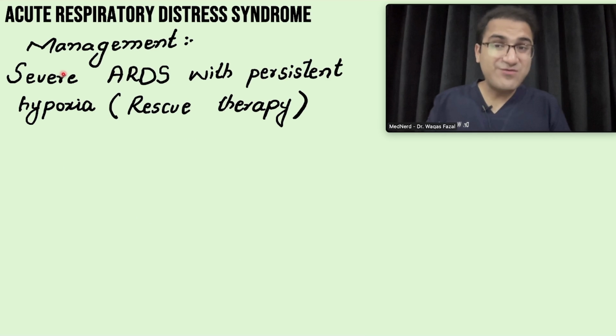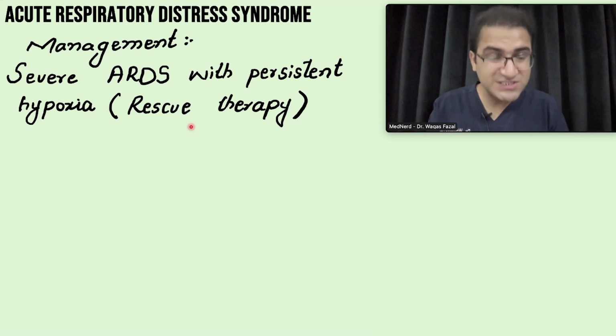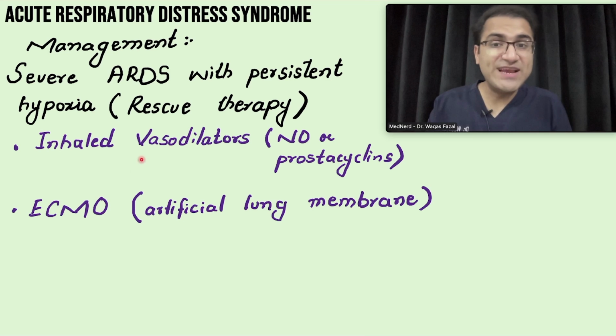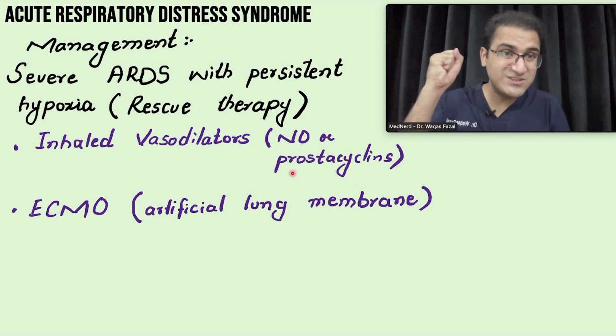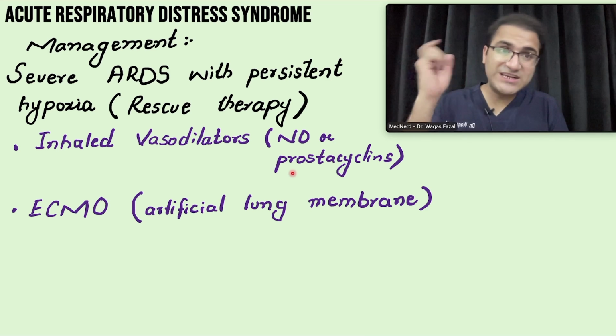In patients with severe acute respiratory distress syndrome with persistent hypoxia, despite doing all these measures that I have mentioned, rescue therapy can be performed in these patients. Rescue therapy involves giving inhaled vasodilators like nitric oxides or prostacyclines to these patients, because their vessels are vasoconstricted in response to hypoxia, and they are not providing enough blood for the gaseous exchange.